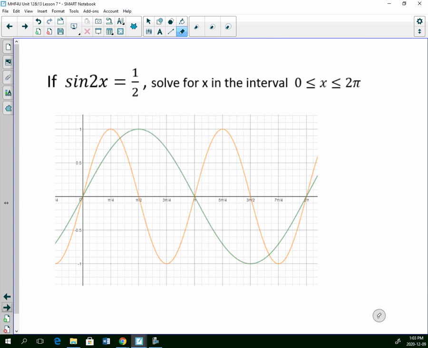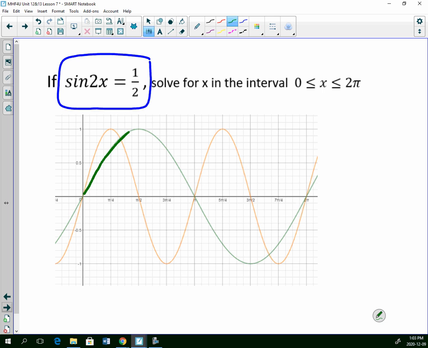Okay, so now we're solving. So I want to find, I have a double angle sine 2x equals 1/2, and I want to find the value for x. So this is similar to how we solve sine x equals 1/2. So this green line here, I've just graphed it.